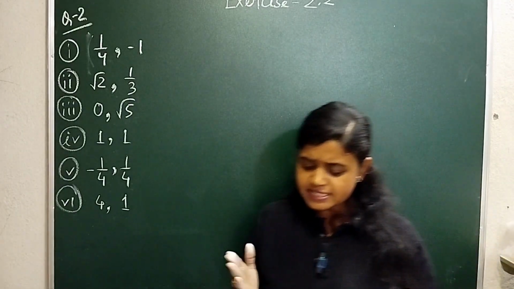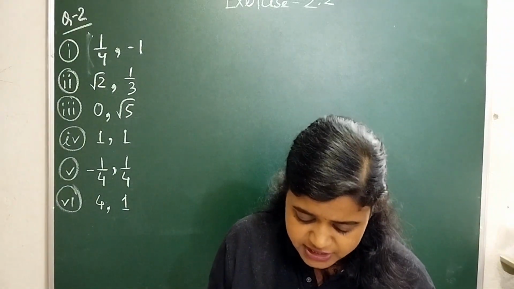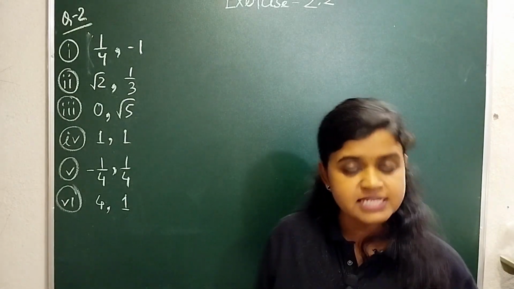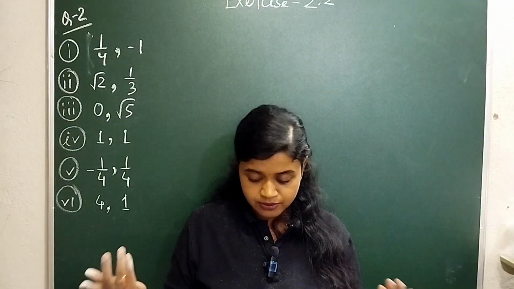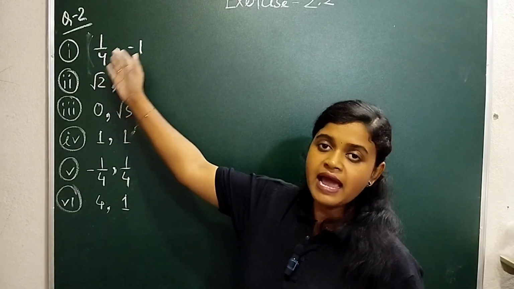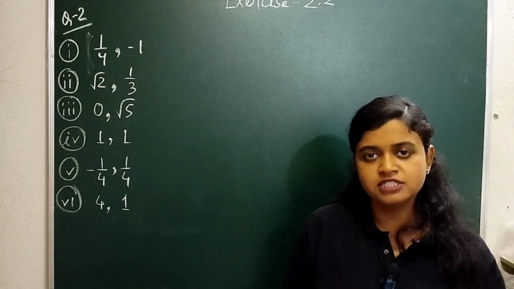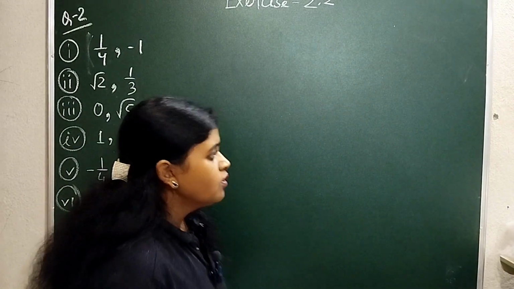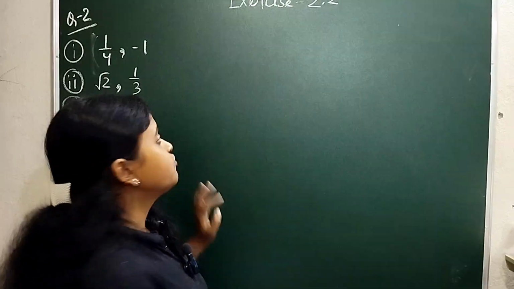But here, sum and product of its zeros respectively means the sum is written first and then the product. That means this is the sum and this is the product of the zeros. Okay, clear this topic. Now let us solve question number 1.